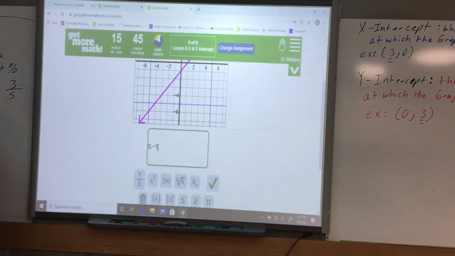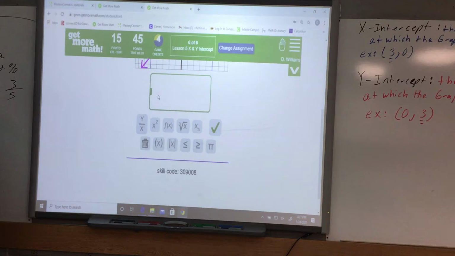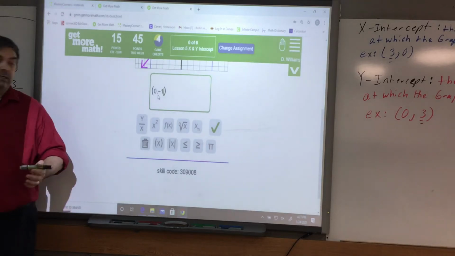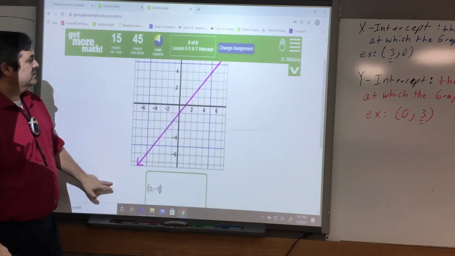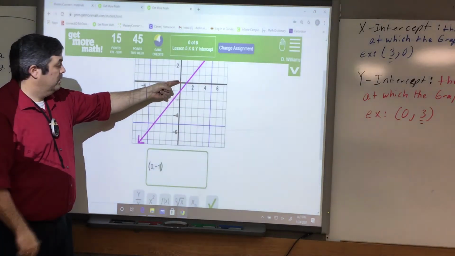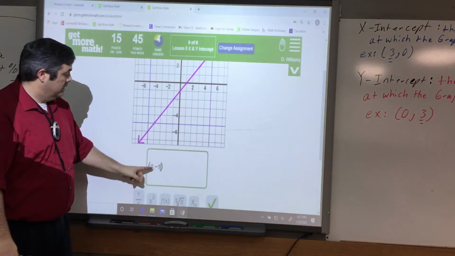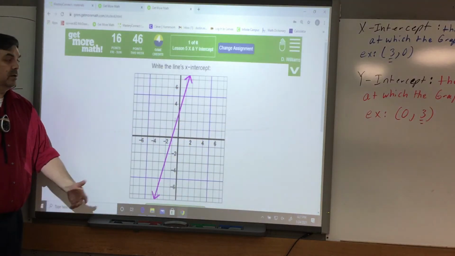So we're going to go back in here and put our parentheses: (0, -1). Now look, this is saying that this line crosses the y-axis at 0, -1, there. And there we go. That's all that is.